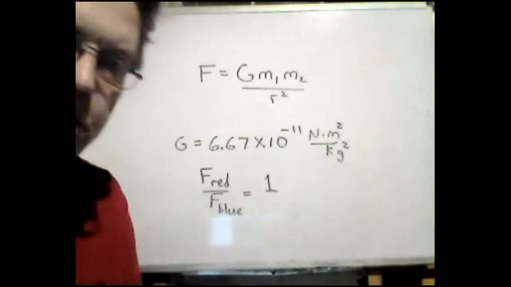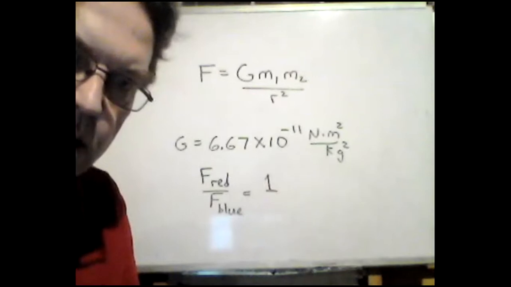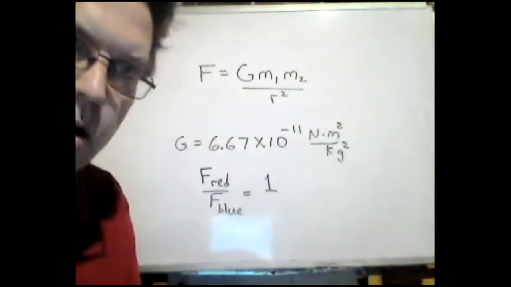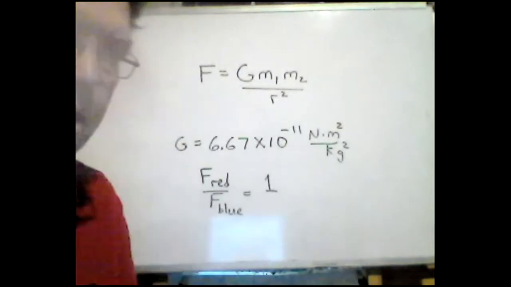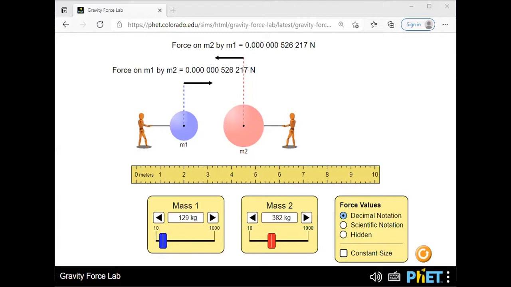And to show you that, it doesn't matter if you make one mass bigger. For instance, if you notice those two forces, the force on M1 by M2 is absolutely the exact same value as the force on M2 by M1.